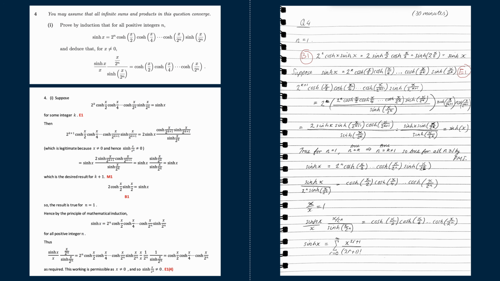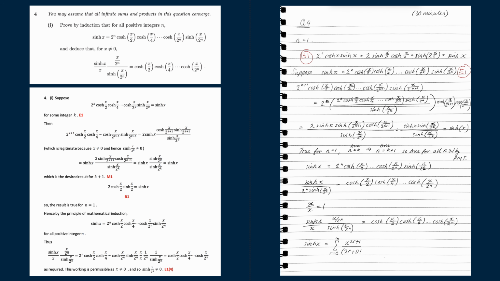However, I am unfortunately going to have to deduct the M mark due to the fact that in this step, a denominator of sinh has been introduced. In the original expression, this is valid for all x, all of the x that we could possibly care to imagine. Whereas here, this is only valid if the sinh is non-zero.